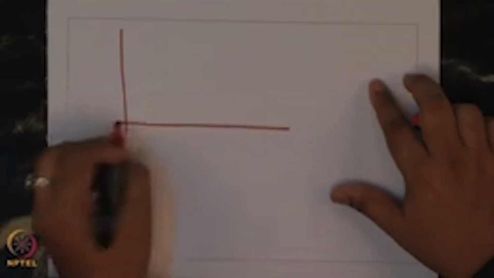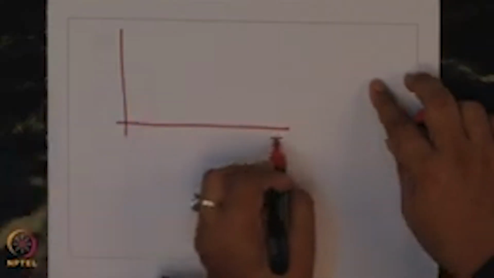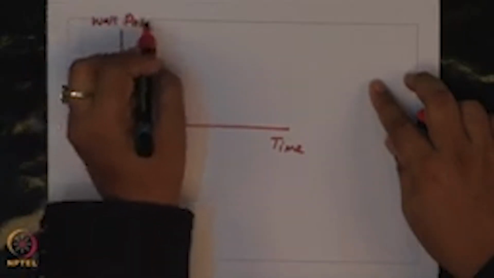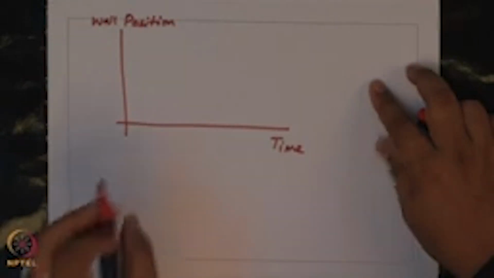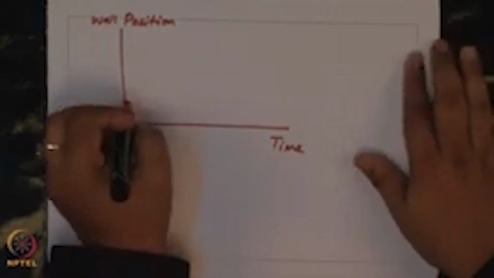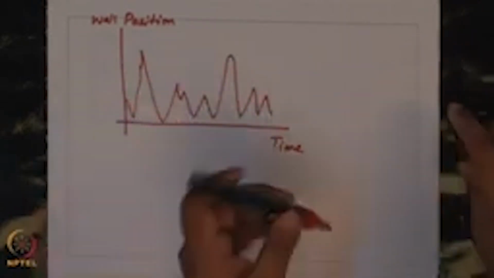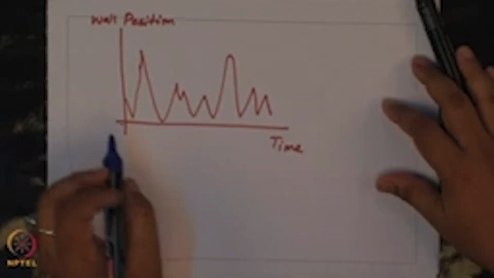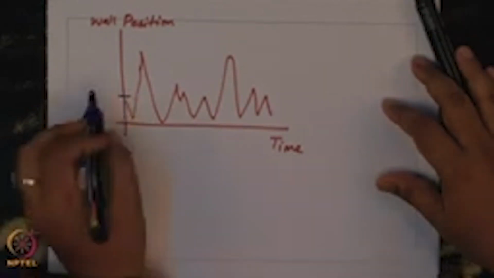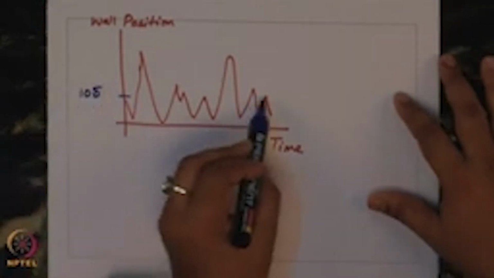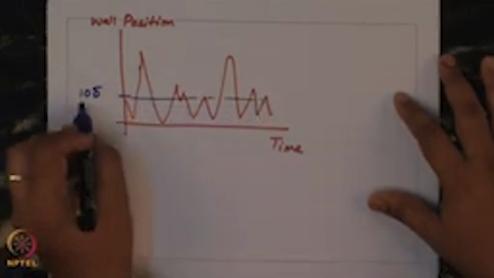So, to understand that, if you plot the position of the wall as a function of time, you will see these wide fluctuations are there, and let us assume that this length is equal to either 10 delta, multiple number of times 10 delta, or 15 delta.